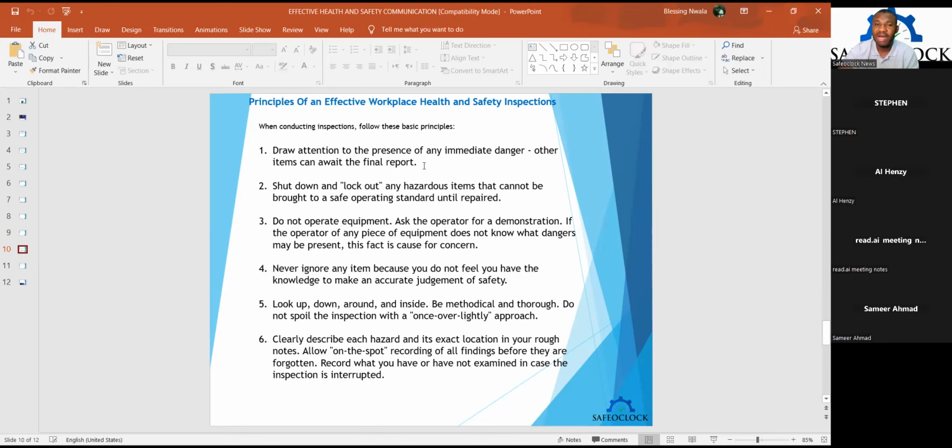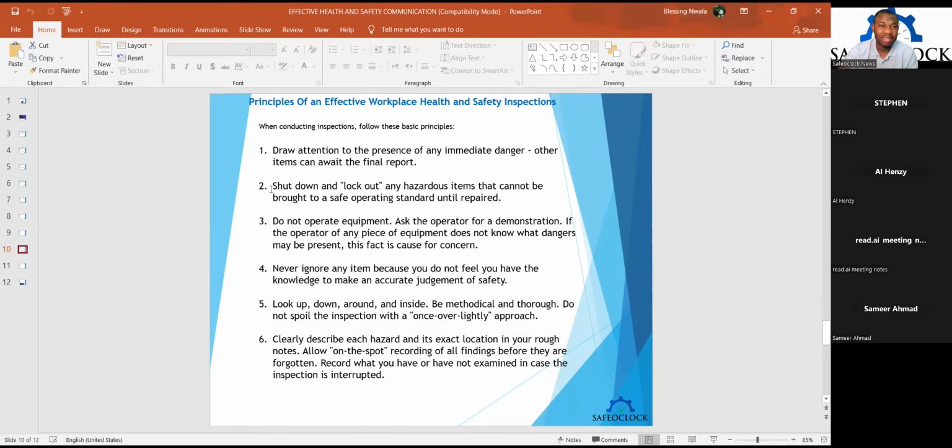So if you are conducting your health and safety inspection, don't wait until you have finished and you come to the office to write a report, then send to management. No, whatever you observe immediately at the workplace, draw the attention of the supervisor and ensure that it's closed out immediately. These are some of the principles you should abide by while doing your inspection.